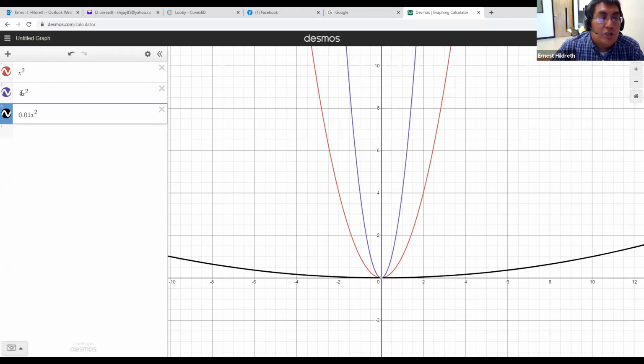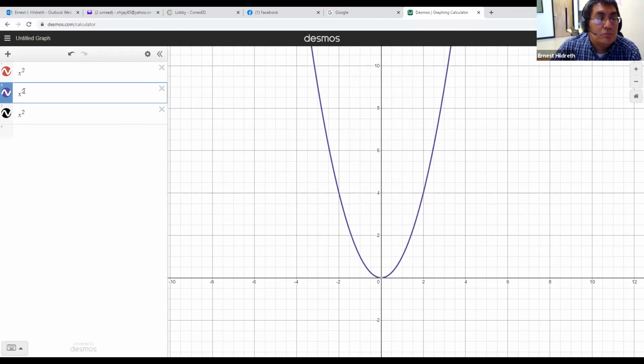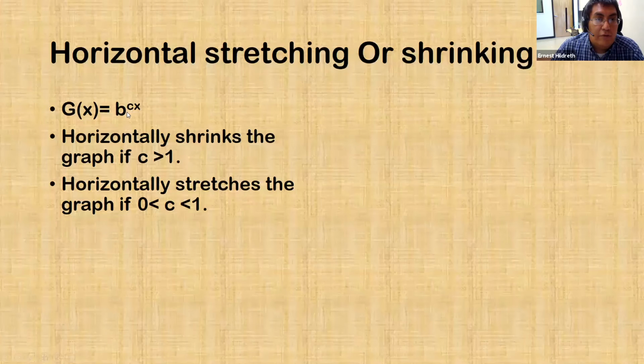So if we change this to only the constants, again, we have b to the c x here. So we're going to have x, and then we'll have a number next to it.